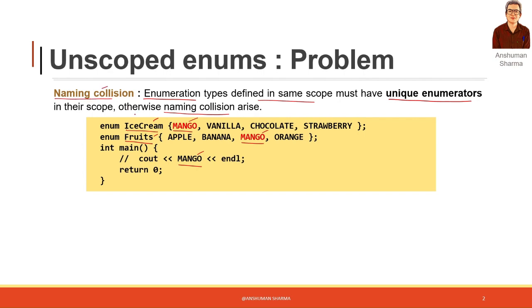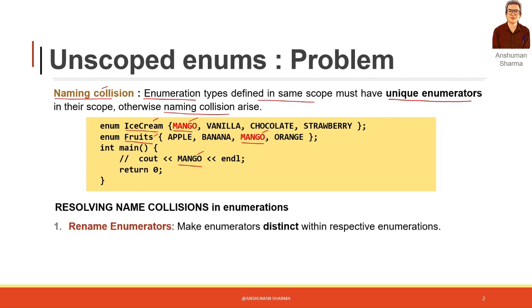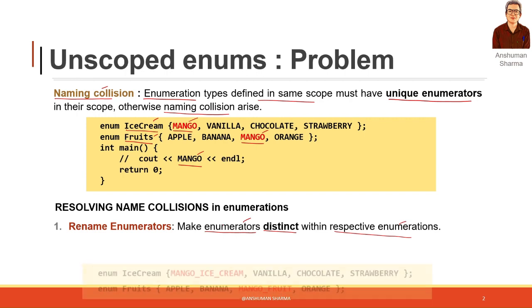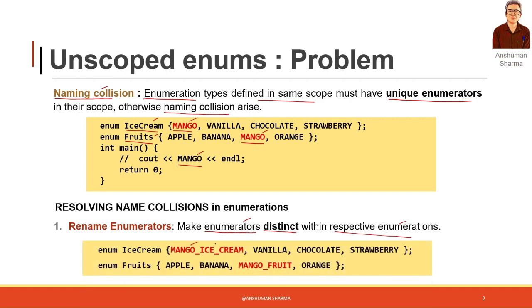One way of resolving these collisions was to provide distinct names. For example, instead of mango we could write mango ice cream, and instead of mango in the fruit enumeration we could write mango fruit.